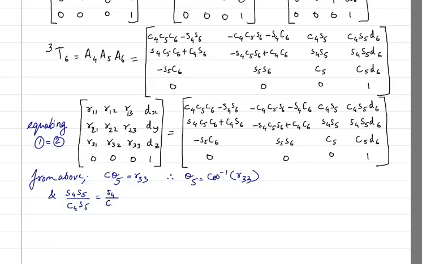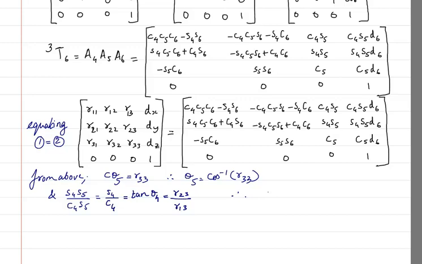S4 by C4, which we all know is tan theta 4, and tan theta 4 is basically, according to this, since we have taken the division of these two, r23 divided by r13.